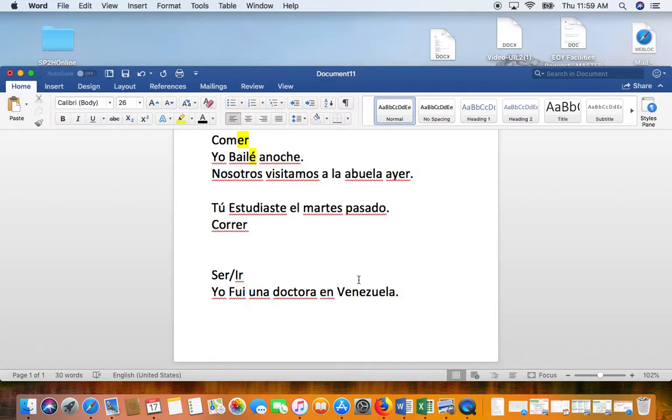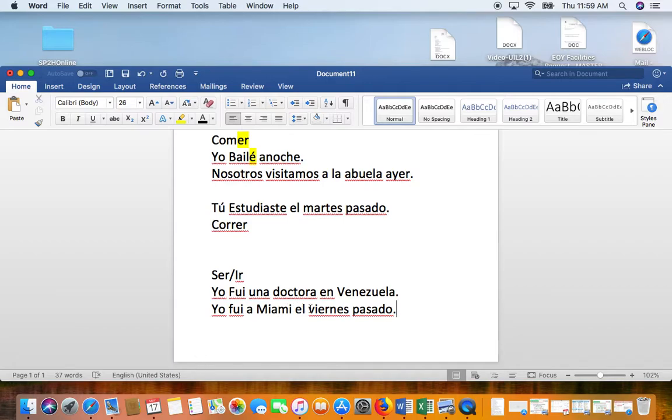So now I'm going to give you an example with ir, okay? Yo fui a Miami el viernes pasado. When you are talking about days of the week, they have to be lowercase in español. In English it's capital, but in Spanish it's lowercase.